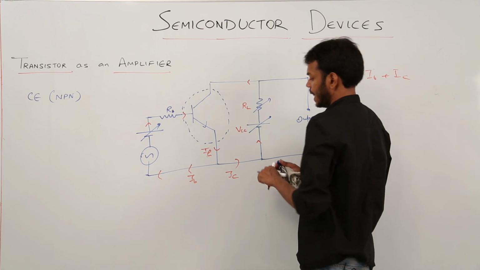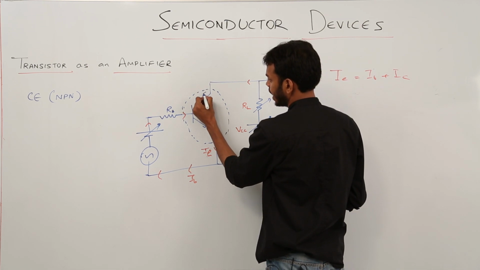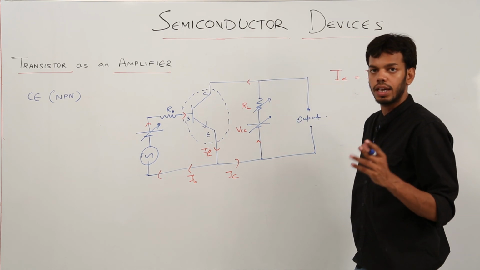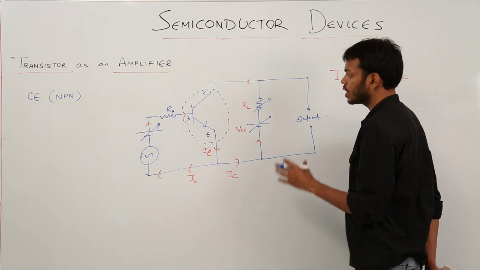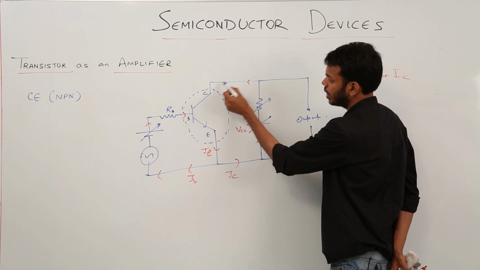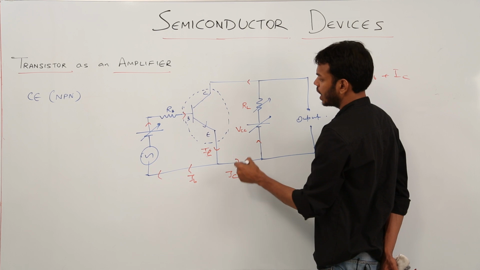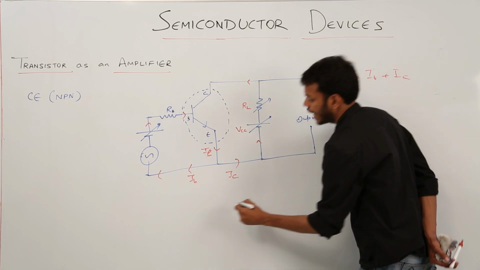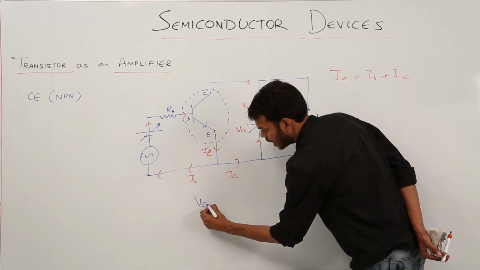Number 2, this is our collector, this is our base, this is our emitter. If I want to apply Kirchhoff's voltage law, the loop rule, between collector and emitter in this circuit, what would my equation look like? I am writing the voltage between collector and emitter.